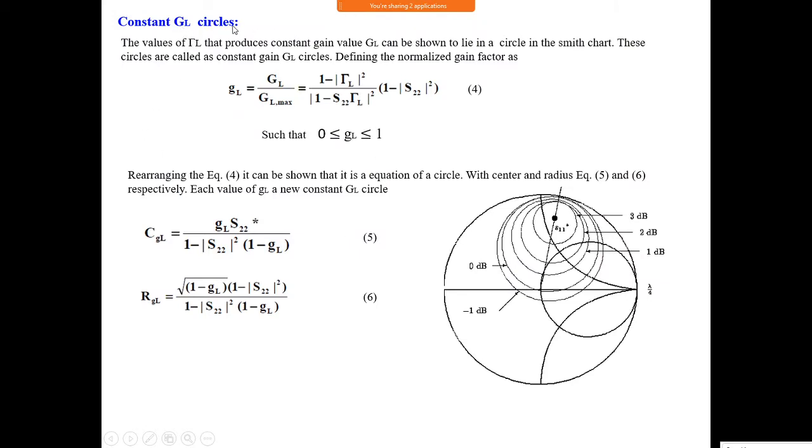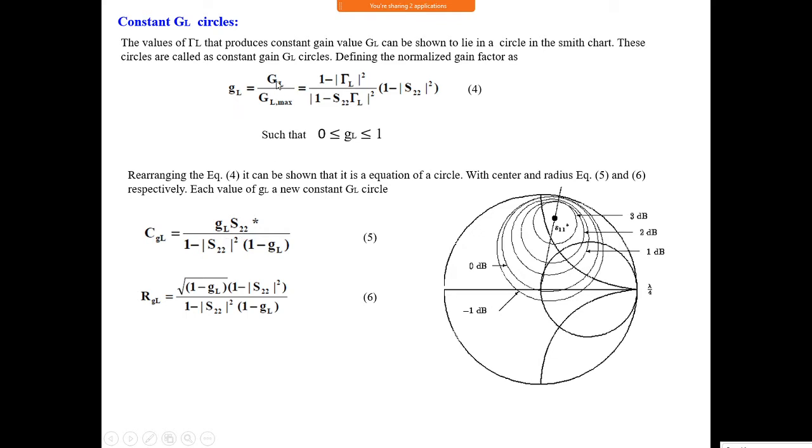Constant GL circles mean output circles. These are the output gain circles. The center of that circle is this equation. Here you take GL, and this is S22, whereas there it is S11. That is for output gain circles.